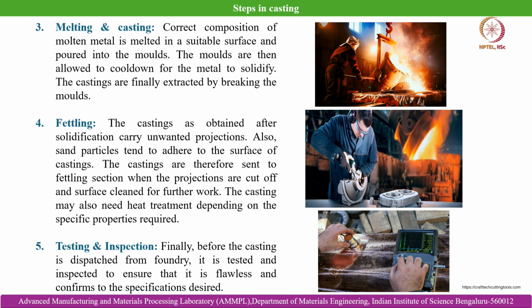So the melt which is going to solidify in the shape of the component needs to have the appropriate chemical composition that we want in the cast part, and also it should be free from dirt inclusions which can otherwise cause defect formation in the solidified part. So that is why melting casting is the third most important step in the casting process.